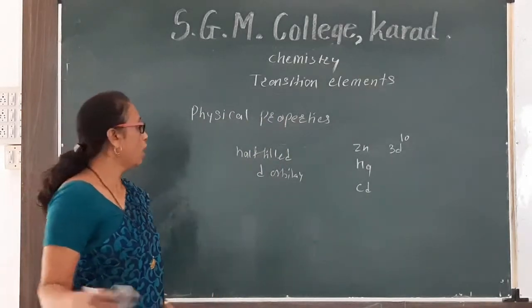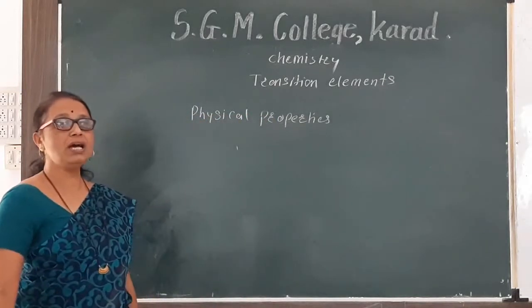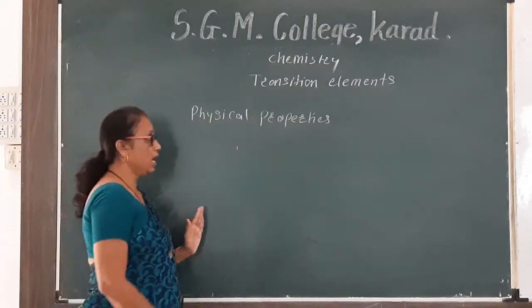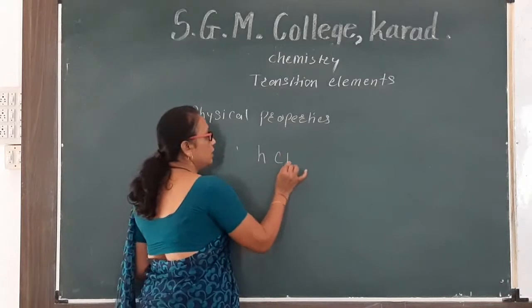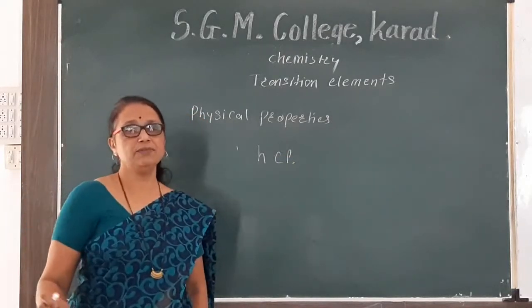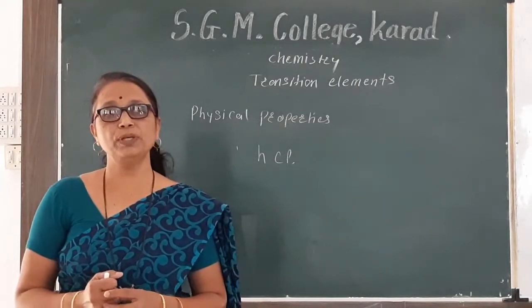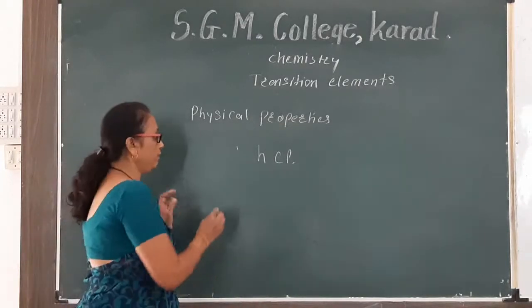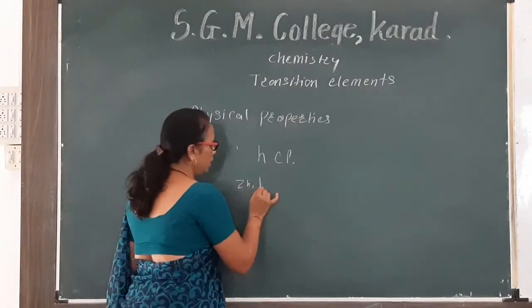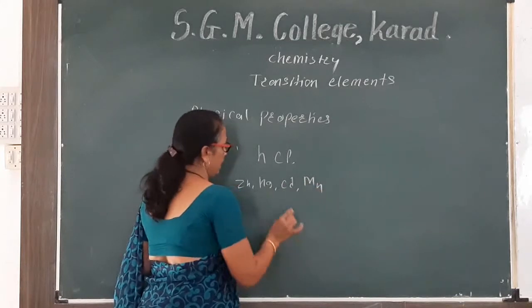Similarly, all the transition metals have a particular metallic structure like HCP, hexagonal close packed, or CCP, cubic close packed, or body centered cubic structures, except zinc, mercury, cadmium and manganese.